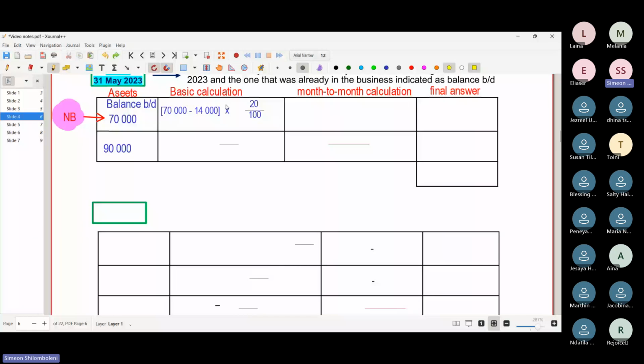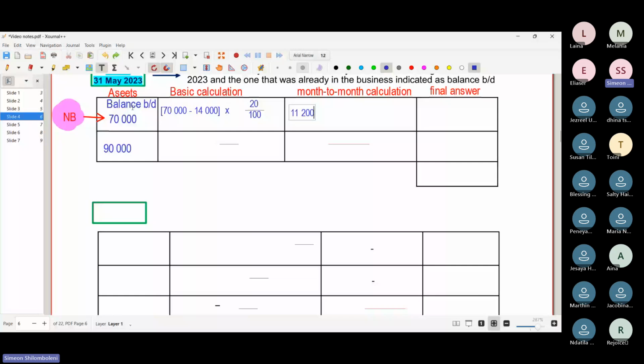Once you get the answer, the term says month to month. The terms on AS, it's month to month. So if you multiply here, how much are we going to get? 11,200. 11,200 is our answer. Now this 11,200, this balance brought down asset in the first year.